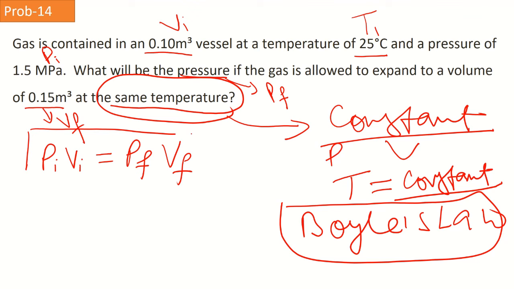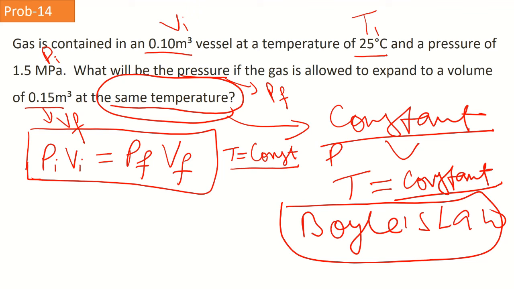So this is the formula for Boyle's law, and I told you in my previous lecture, this formula you can use when the temperature of the gas is constant, otherwise not.